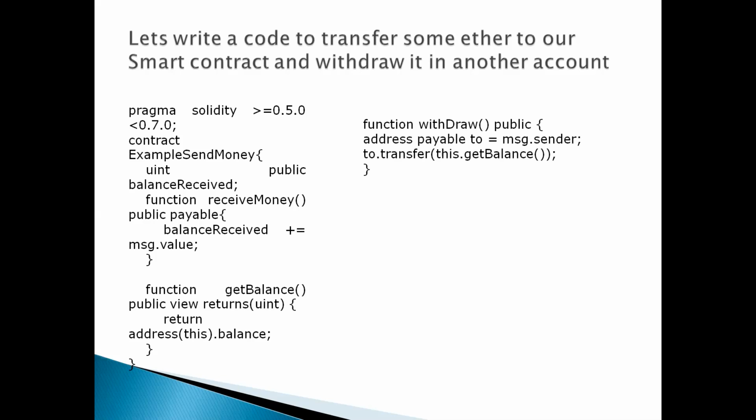So the address of the account which calls the withdraw method is assigned to to, and then using the inbuilt function transfer, I am transferring the smart contract balance to my account, which is signified by to. So let's go to Remix to execute this code.